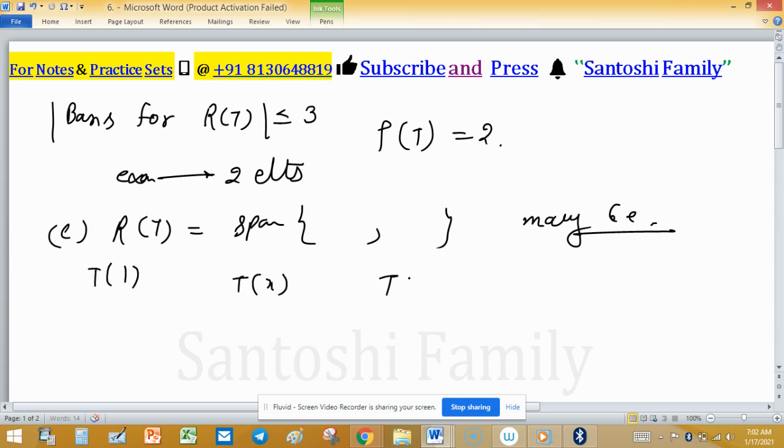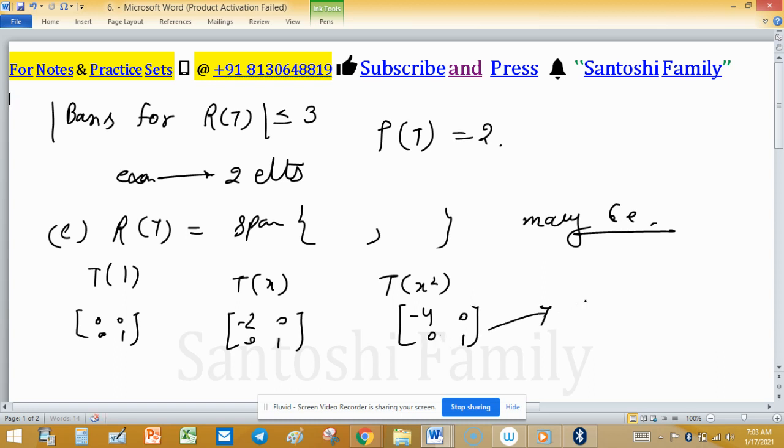T1, Tx and Tx square: T1 was 0001, Tx was -2001, and Tx square is -4001. And this matrix can be written as minus 2 times, or 2 times, -2001 plus 0001.